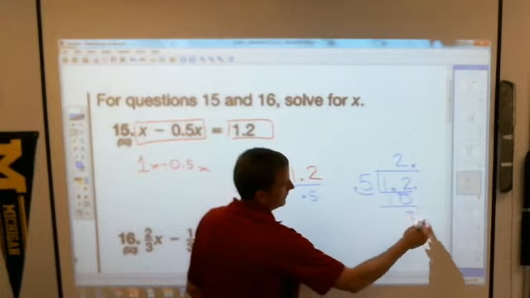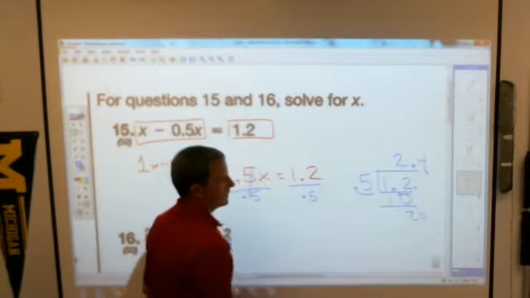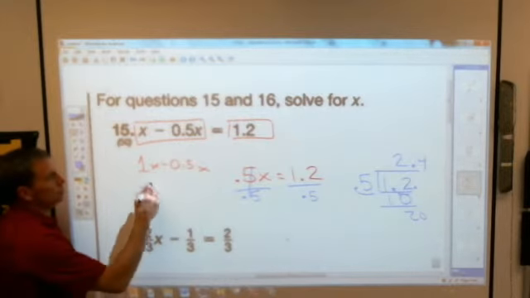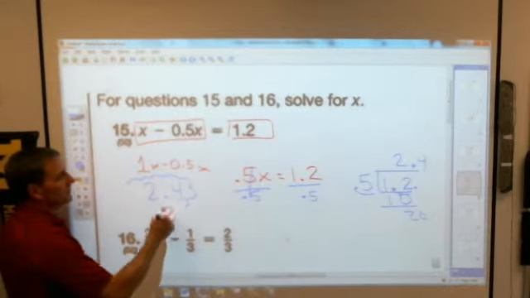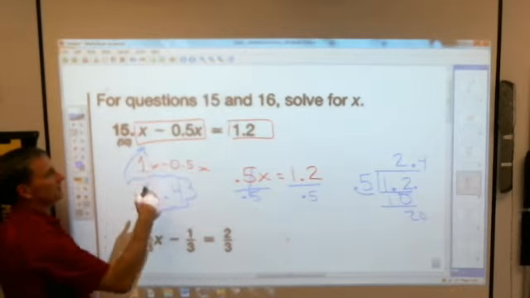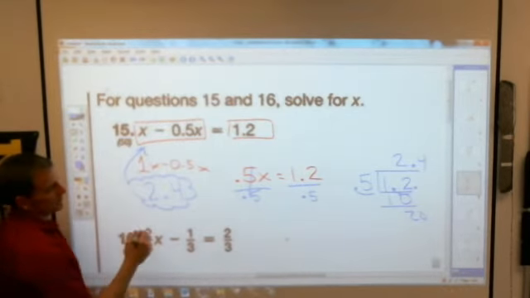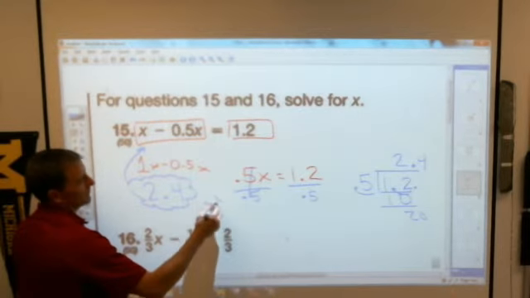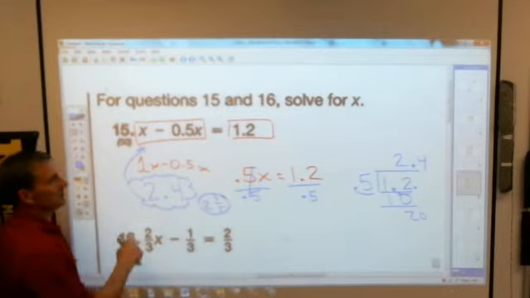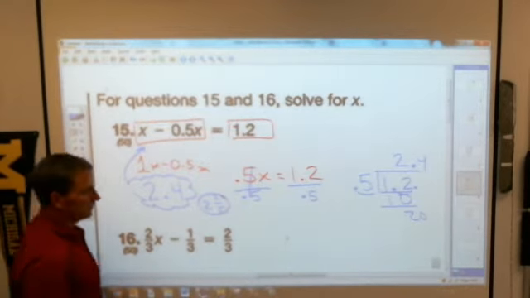That's 10. 5 goes into 20 4 times. 2.4. And the book will, because the problem is in decimal form, give the answer in decimal form. If you had 2 and 2/5, I guess that would be acceptable as well. They gave it decimals.